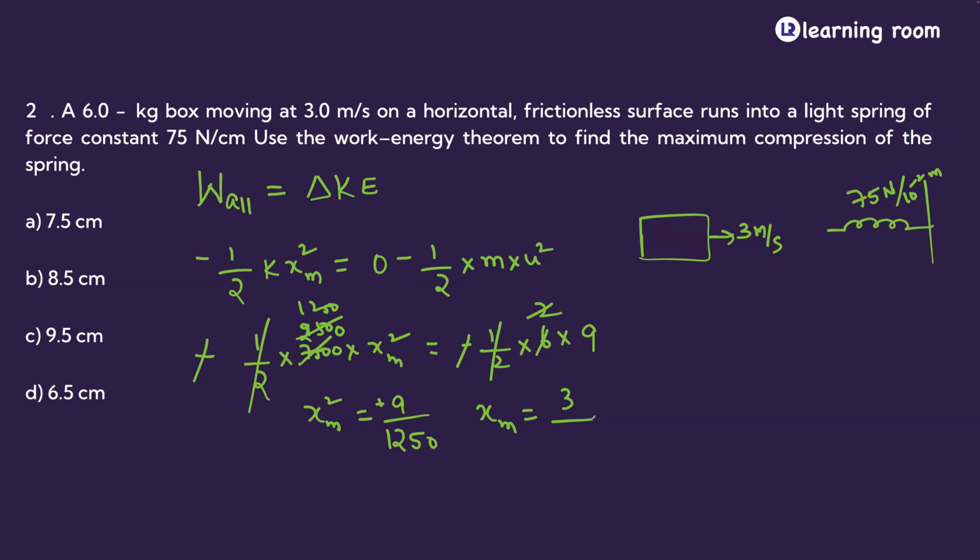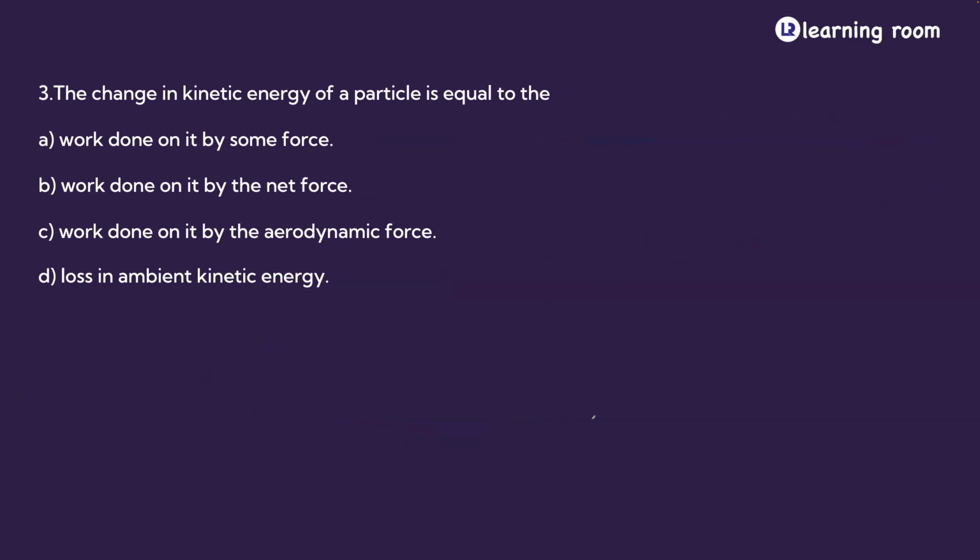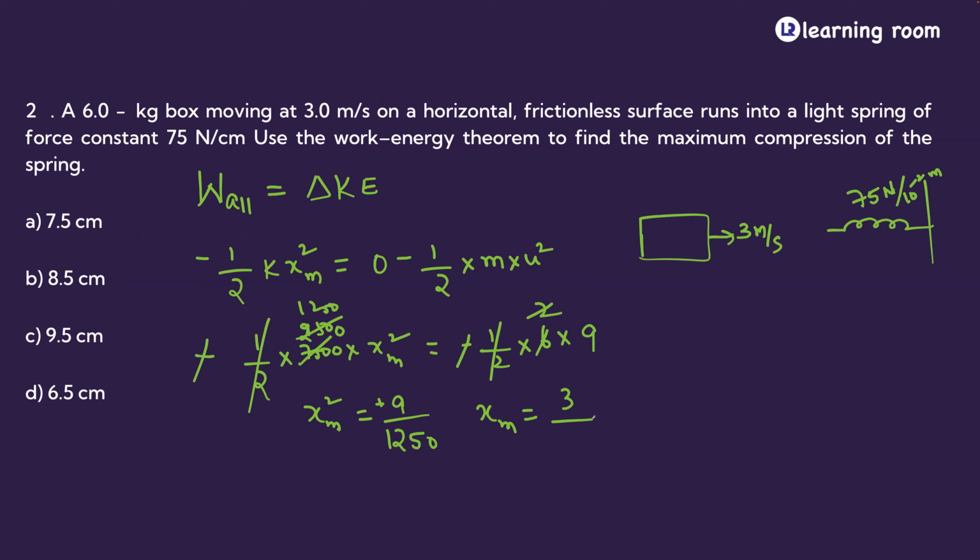But the answer should match. Everything is in terms of 0.5. Let me check, is it Newton per centimeter or Newton per meter? I don't have a solution here. So it is 3 divided by square root of 1250, because every answer is in terms of 0.5, right?